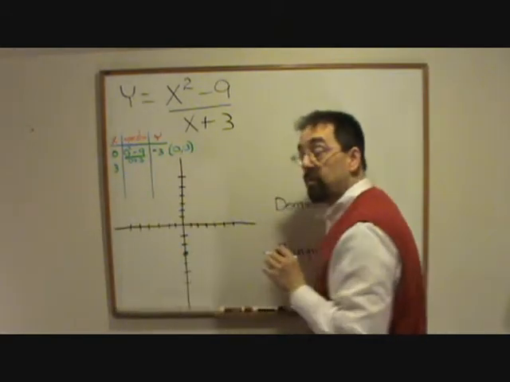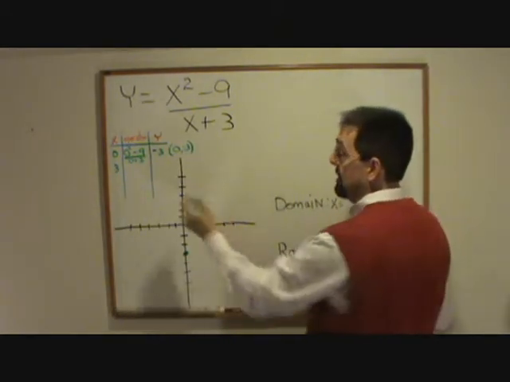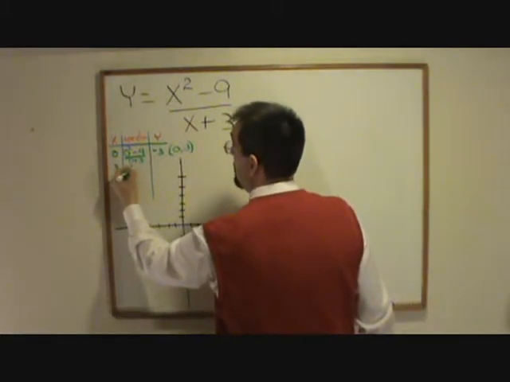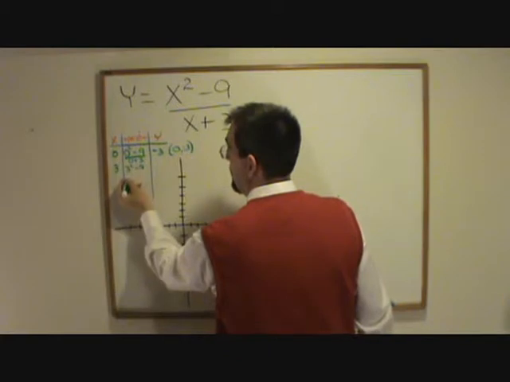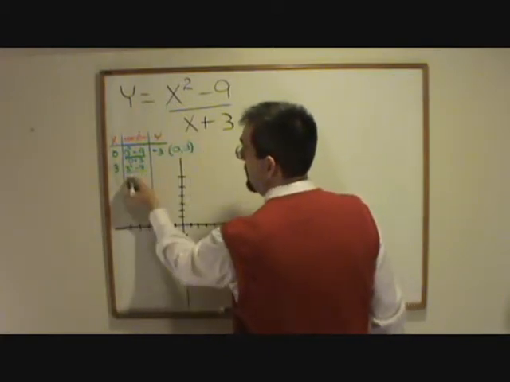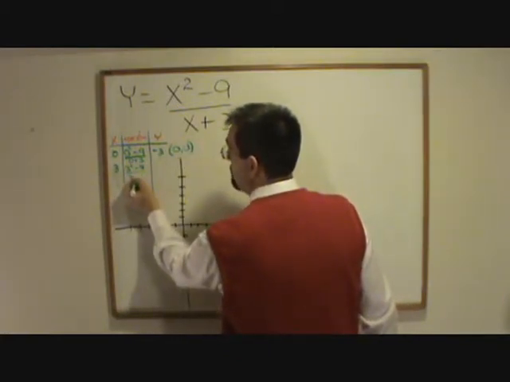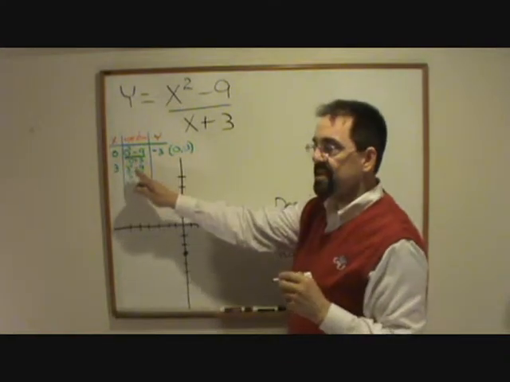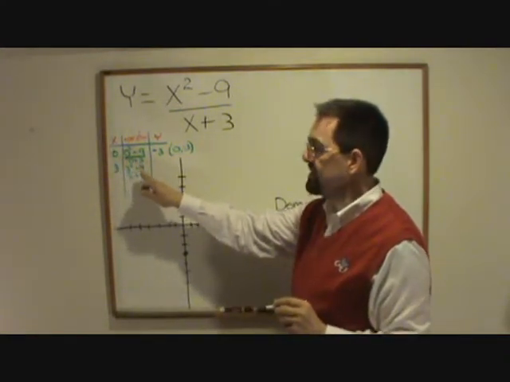Now let's try it with an arbitrary value of 3. Let's plug 3 in for x. 3 squared minus 9 all over 3 plus 3. Well, 3 times 3 is 9. 9 minus 9 is 0.